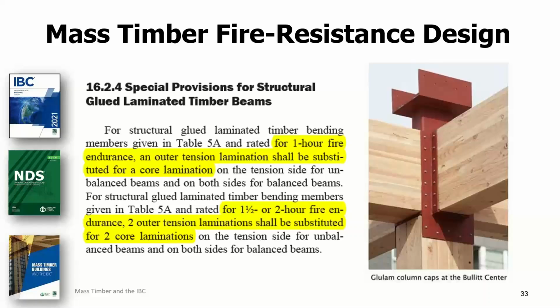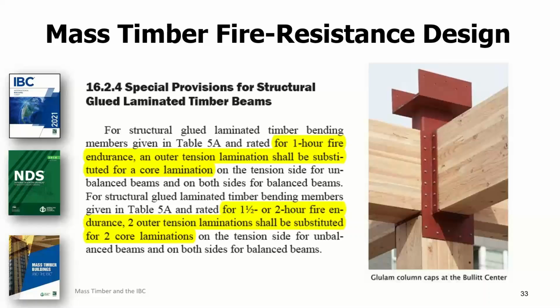Now, as for glued laminated timber, these typically have stronger laminations at the top and bottom when compared to the laminations closer to the neutral axis. Because of this, additional tension laminations are required to replace interior core laminations so that the extreme fiber remaining on the reduced section will have adequate strength at a given fire resistance time, or at a given exposure time.